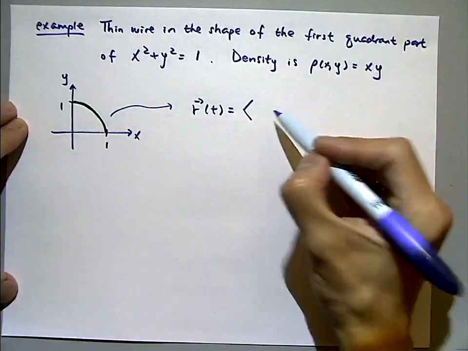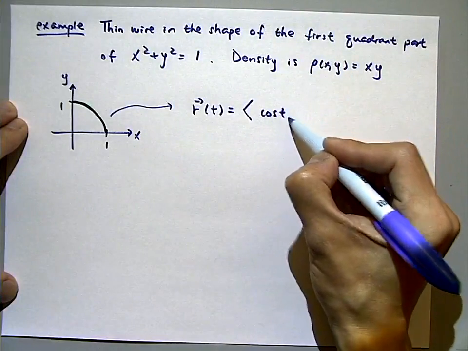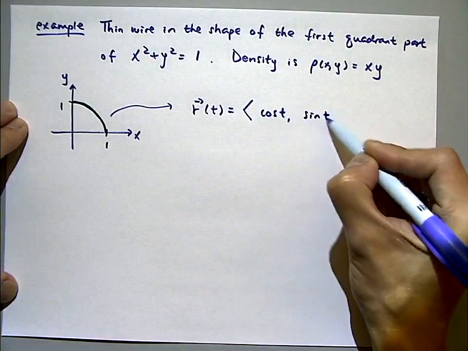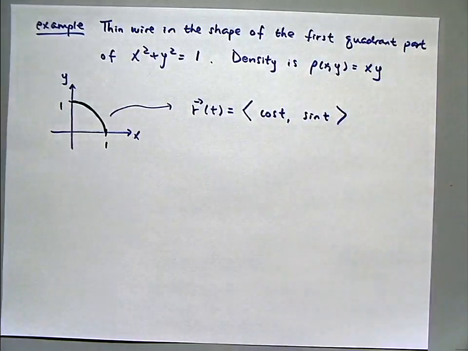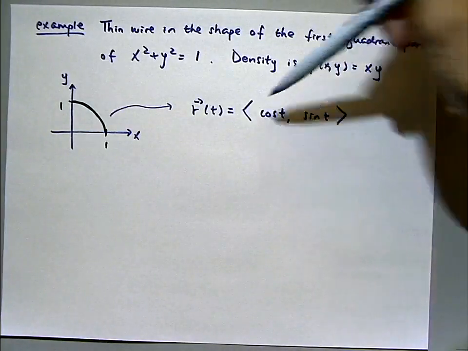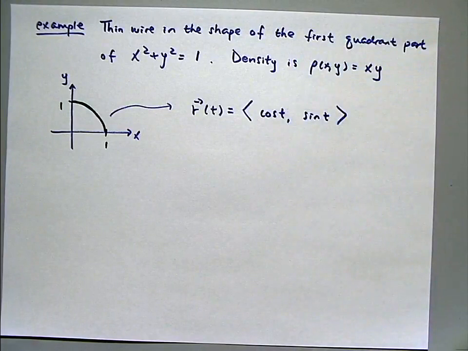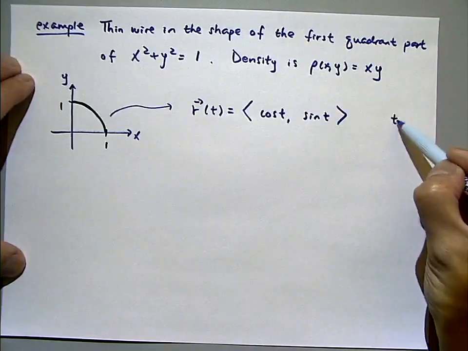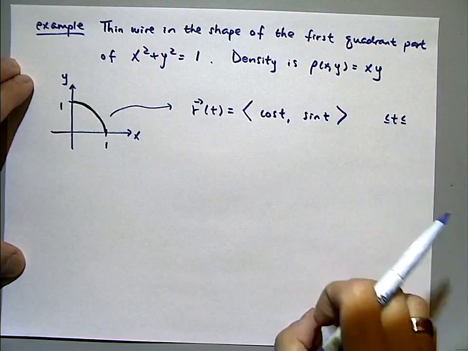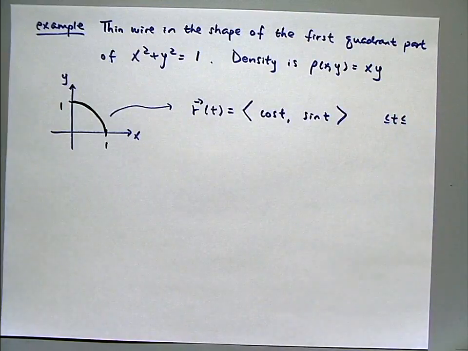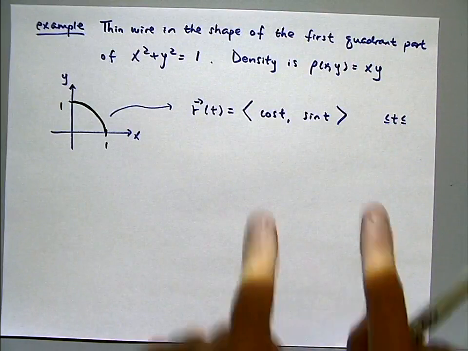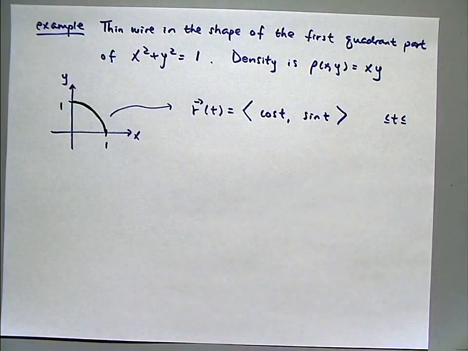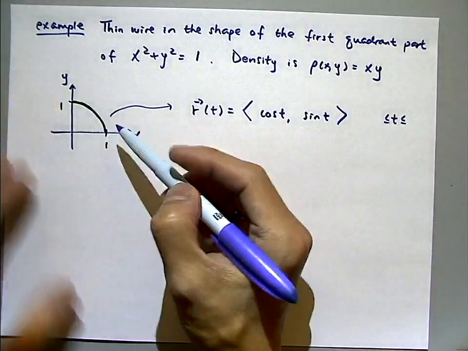So, yep, you're on the right track. Cosine of t, and then sine of t. This will give us the circle we want here, radius 1. Just remember, these things squared and added together should give you radius squared, right? Where does t go from, and where does t go to, if we parameterize it this way? Yeah, 0 to pi over 2.